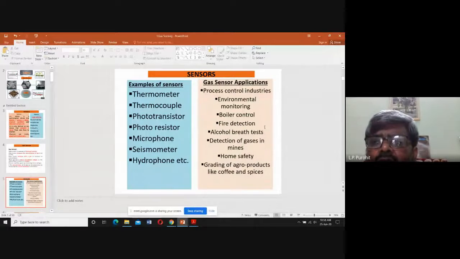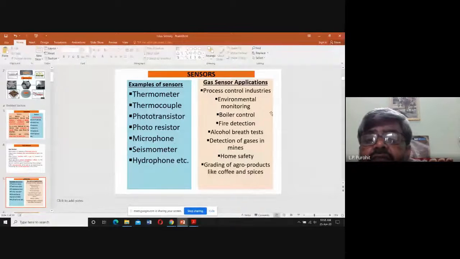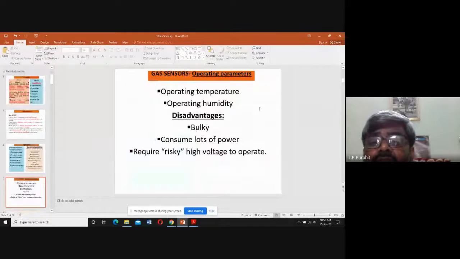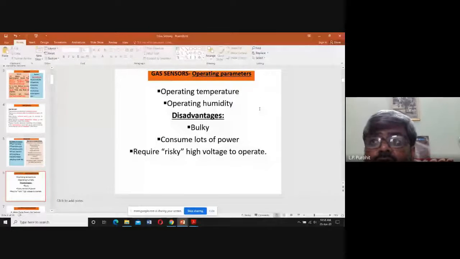We have different kinds of sensors, thermometers, thermocouples, and all sorts of sensors, which are used for different applications, including process control, environment, fire detection, home safety, and all that. The major issue with the sensor is the operating temperature, and humidity is also a parameter.